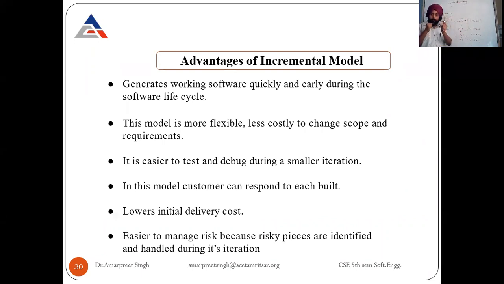So a small module at a time is added. So it lowers the initial delivery cost and it is easier to manage risk, because the product is small earlier with fewer features, but the major features are there. Then we are adding additional features only. So the risk to handle the software is very less. Next.